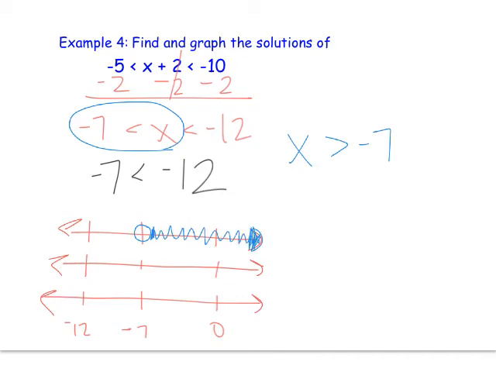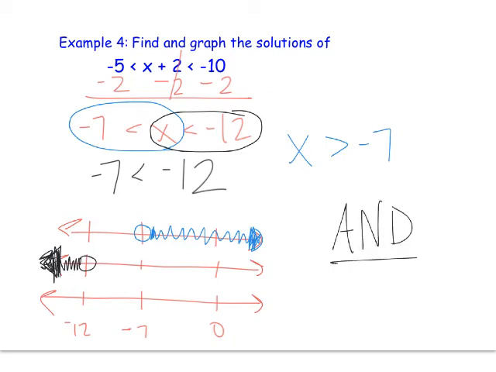The second inequality says that x is less than -12. So it would not include the -12, but it would include everything less than that, which includes everything to the left of -12. Because this is assumed to be an and compound inequality, when I told you when the word is missing and it's just written with all of these inequalities put together, this is an and inequality.